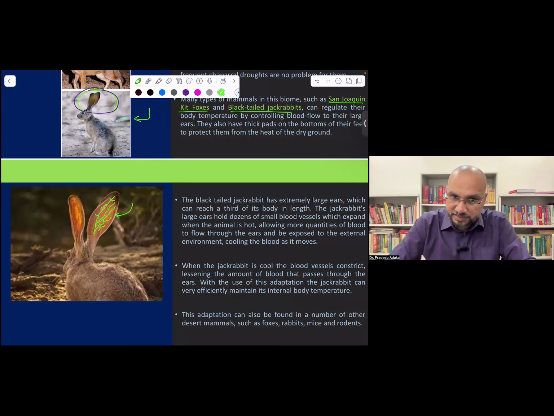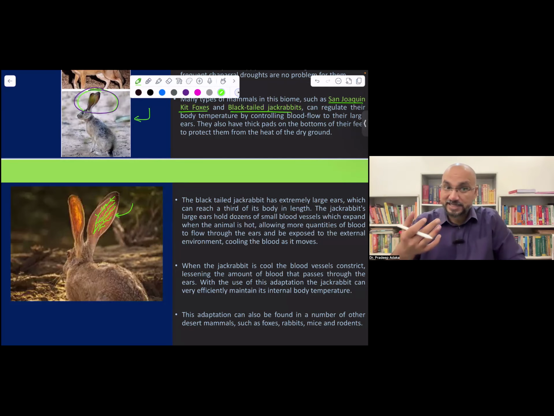Now, what happens is when their body temperature increases, the blood vessels will expand and blood flow will circulate in their ears. When they move, the air flaps the ear and comes in contact, and because of the large surface area, the blood flowing in the veins comes in contact with the cool air and loses heat.